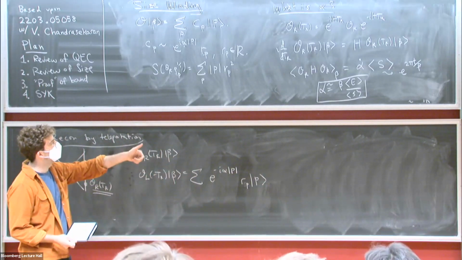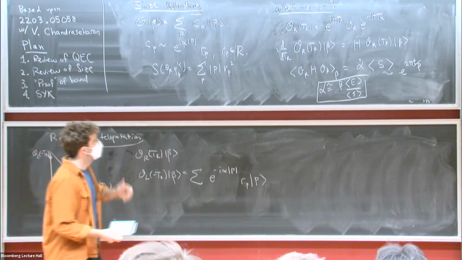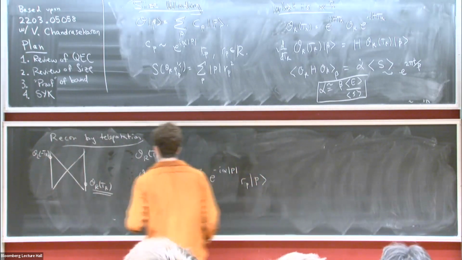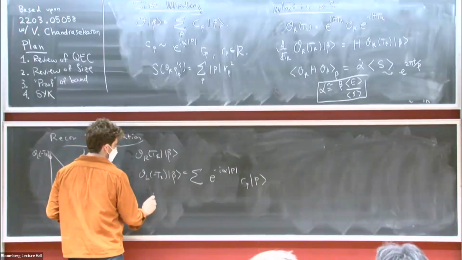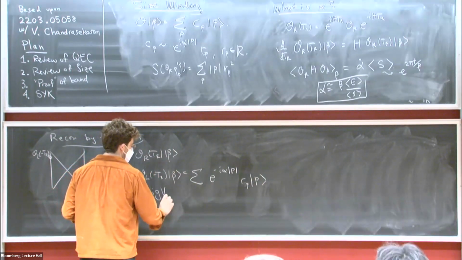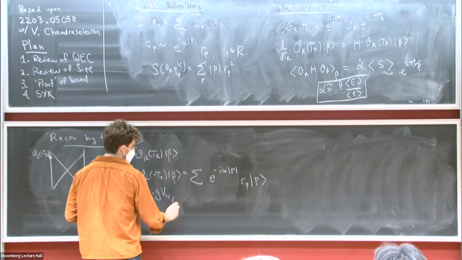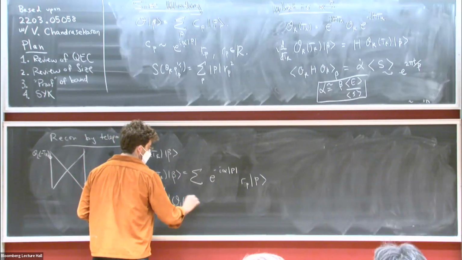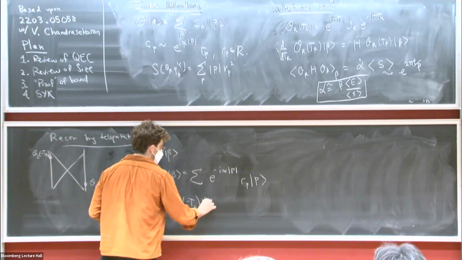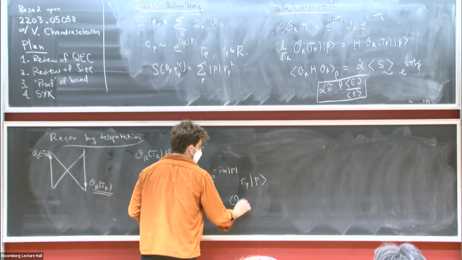But there's a simple operator which does that, which is this size operator, which I erased. So if I act with e to the i G V_n, then by tuning G, I can turn this into an operator on the right.